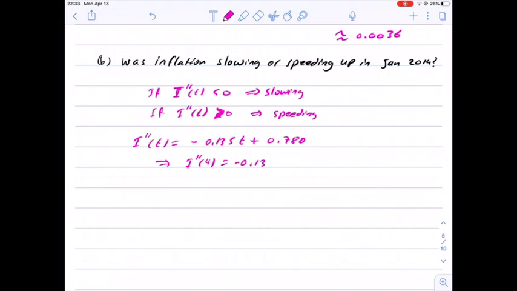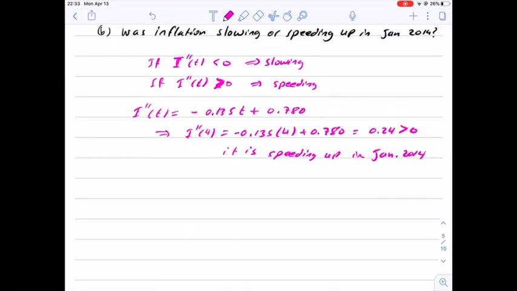We get negative 0.135 times 4 plus 0.780, and using a calculator we find that this is equal to 0.24, and this is positive. Since it's positive, it is speeding up in January 2014.